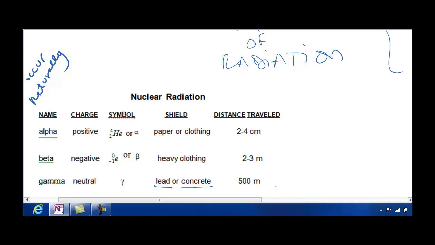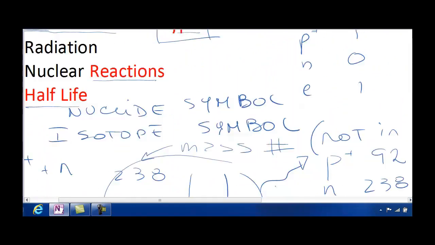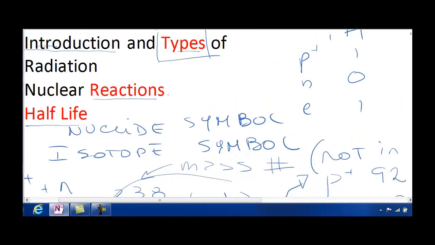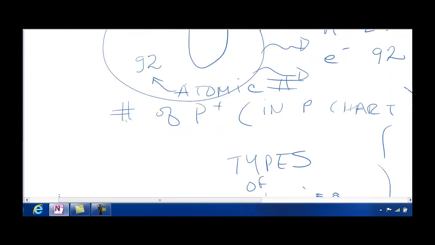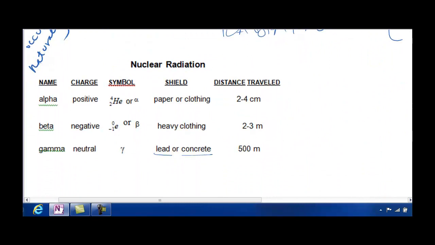Any questions so far? After the types of radiation, we're ready to go to nuclear reactions. How do we put this in the context of what's happening as these radiations are being emitted?